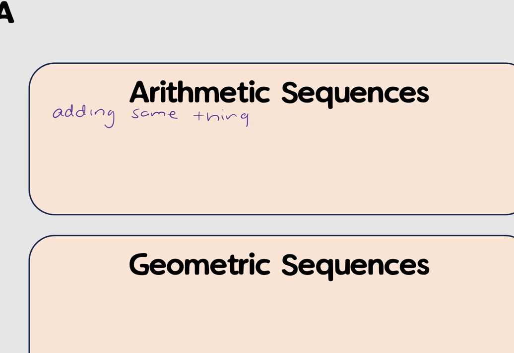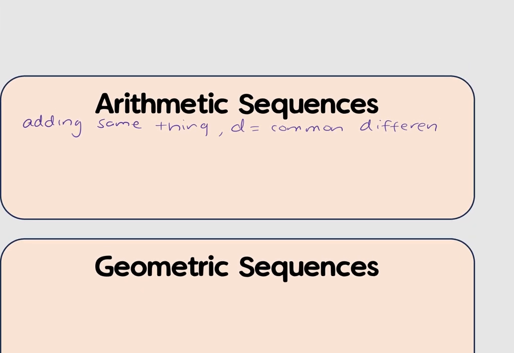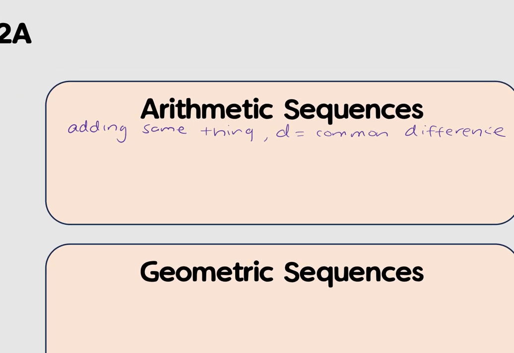That thing we call the common difference, and that is D. This means it is also linear, okay? So linear and arithmetic are the same thing.